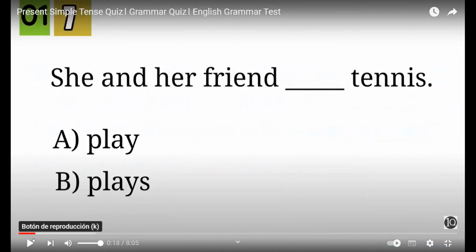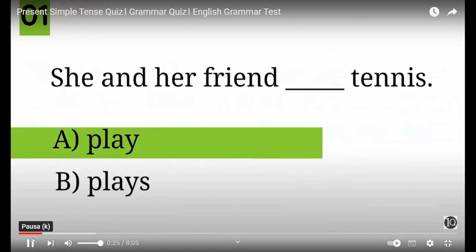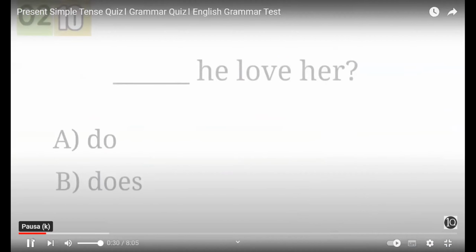Okay, for the first one, she and her friend play or plays tennis. Play. Okay, very good. Number 2.